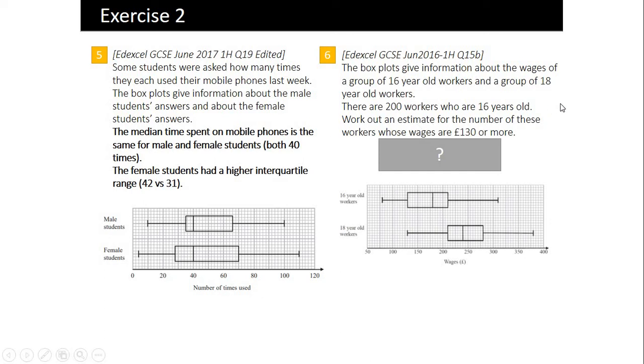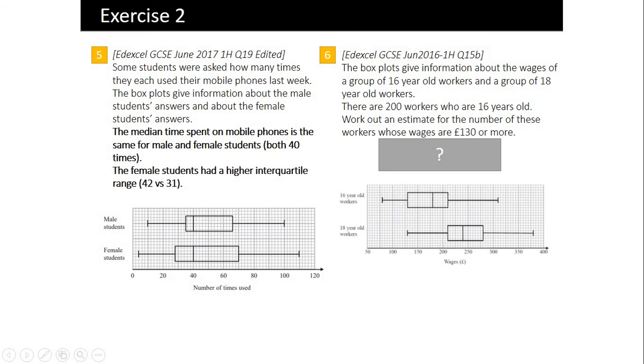The box plot gives information about the wages of a group of 16-year-old workers and a group of 18-year-old workers. There are 200 workers who are 16 years old. Work out an estimate for the number of those workers whose wages are £130 or more. So if you have a look at the 16-year-olds, £130, if you read from the scale, is actually the lower quartile value here.